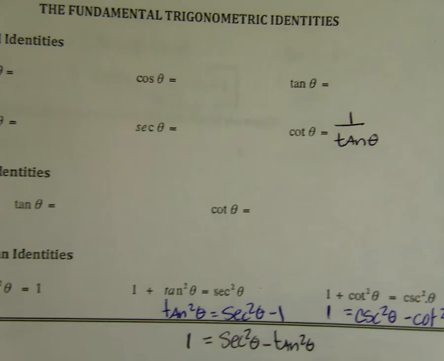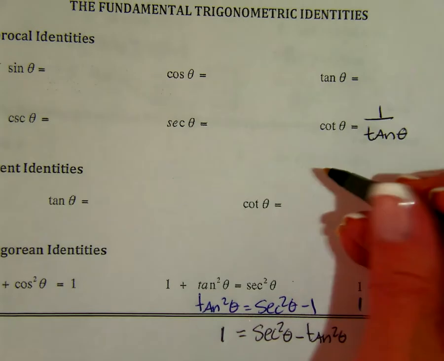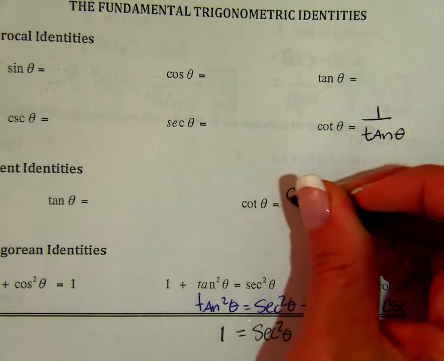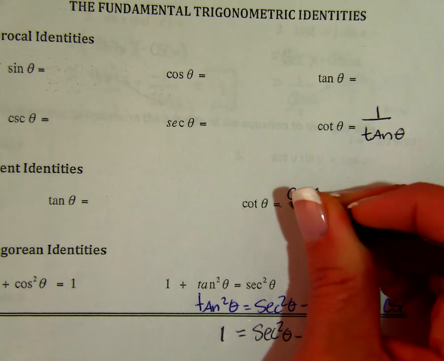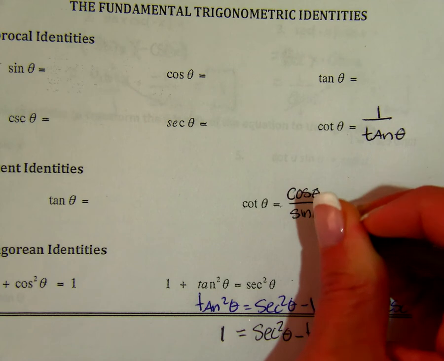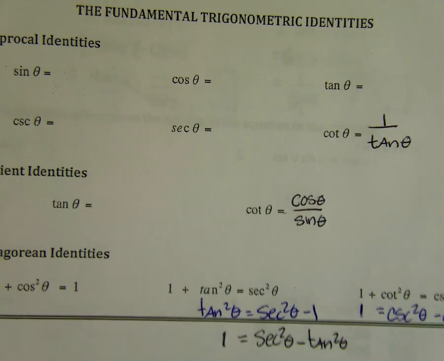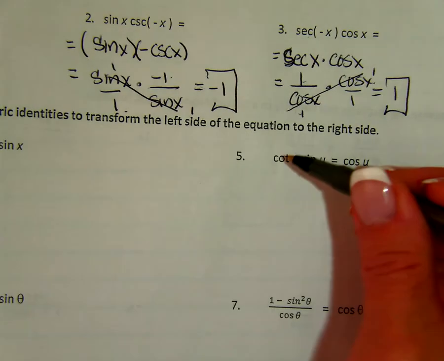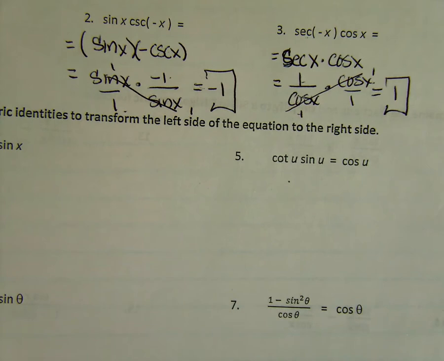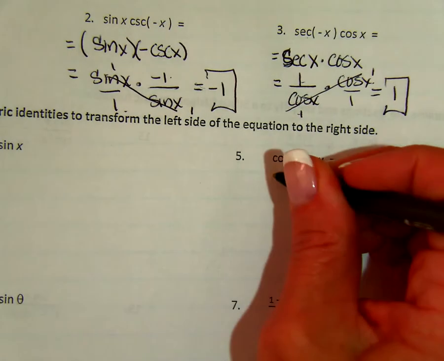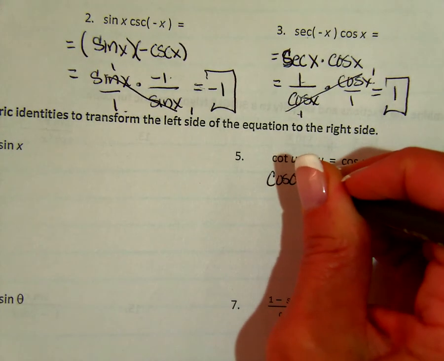So let's pop down to the quotient identities, and I see for the cotangent of theta, that would be equal to the cosine of theta over the sine of theta. So think ahead, if you would make that substitution, would it be helpful? Well, yeah, I think it would.